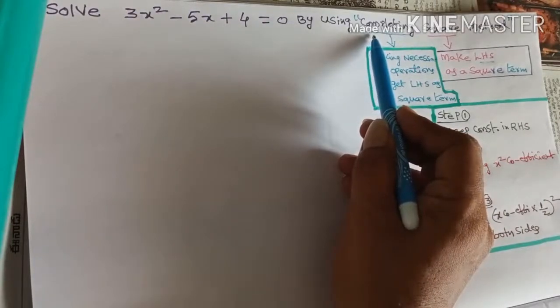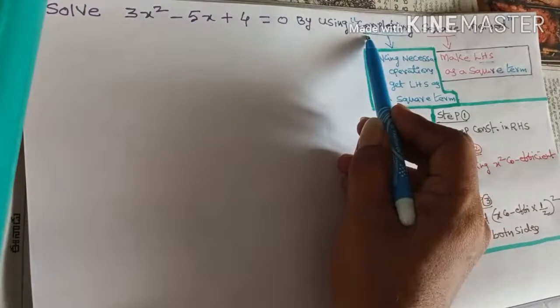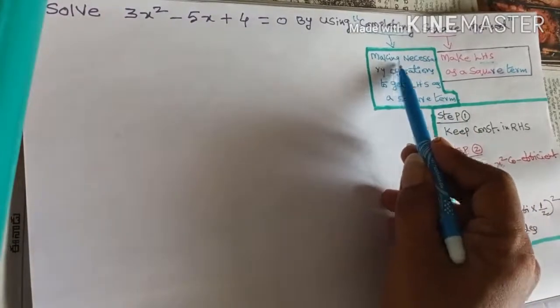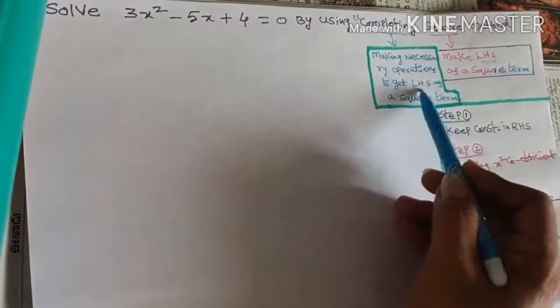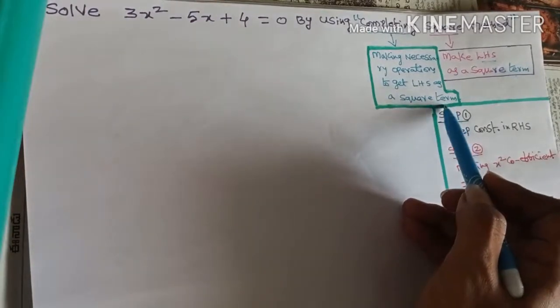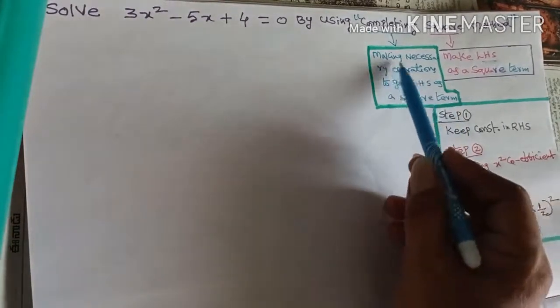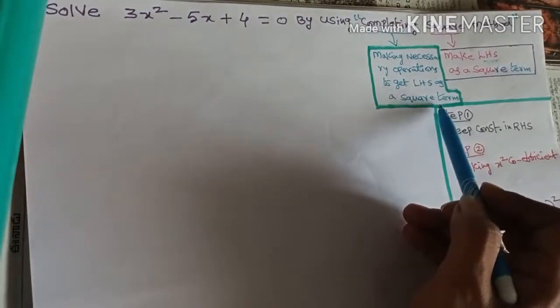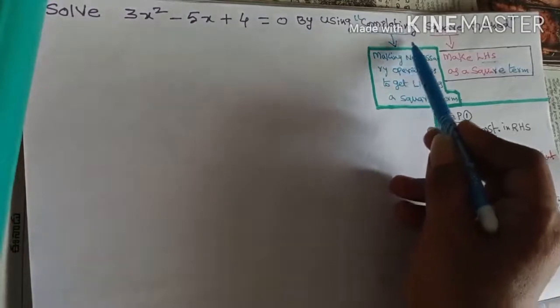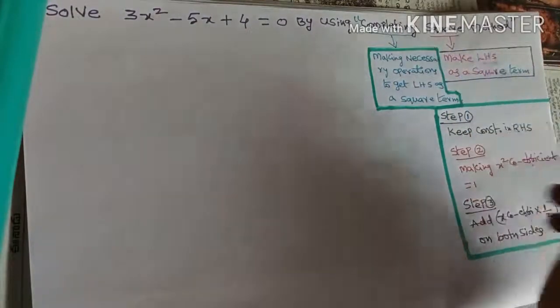The word completing means making the necessary operations to get LHS as a square term. That's why this method is called the completing square method.